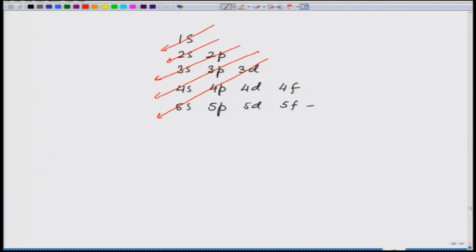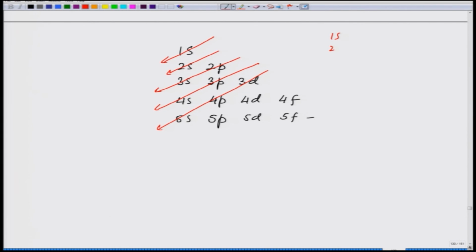So, you start with 1s, then you fill 2s, then 2p, and after 2p you fill 3s, 3p, and after 3p you cannot go to 3d, you have to go to 4s, and then you come to 3d, 4p, 5s, and so on. So, this is known as the Aufbau principle.